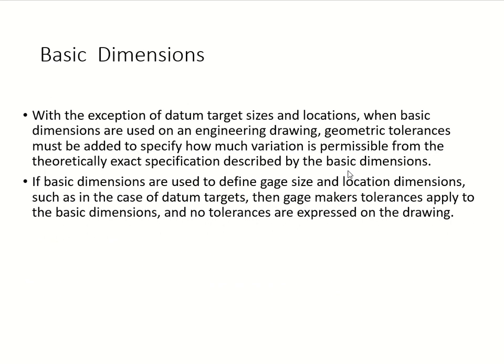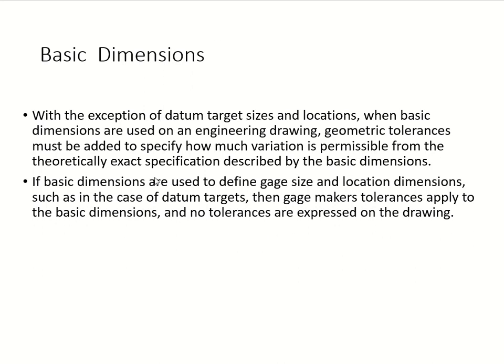So we use these dimensions in our drawing. Geometric tolerances we add to the dimension, so you know the acceptable variation or permissible variations. So we use a basic dimension to define your gauge size, location dimensions, like your datum targets.